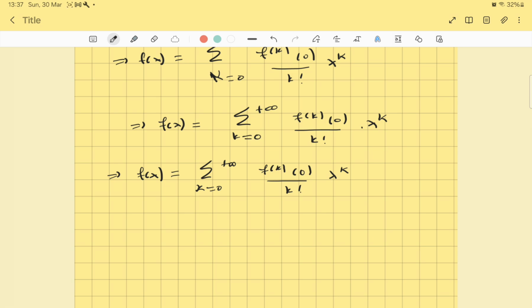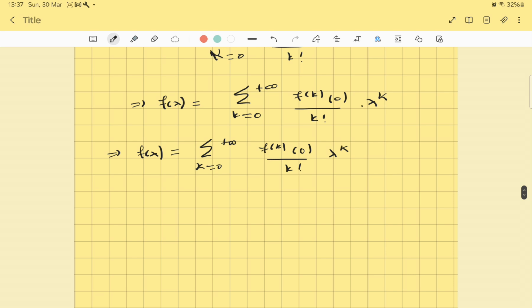It's a really important tool because any analytic function means that we can express it in some form of power series, and these Maclaurin series are approximations of the function at certain neighborhoods of x, and these are really important functions.